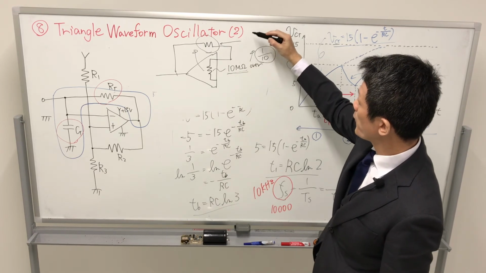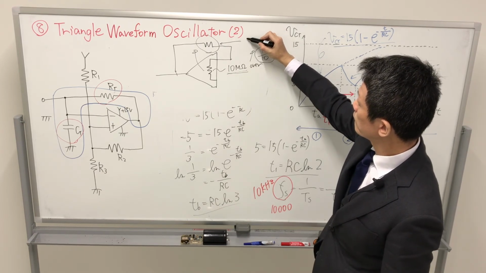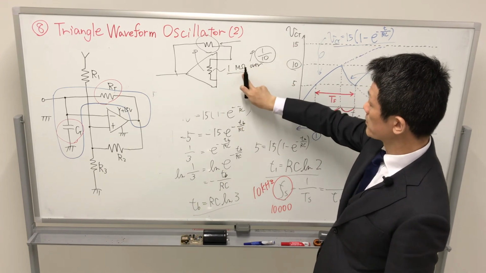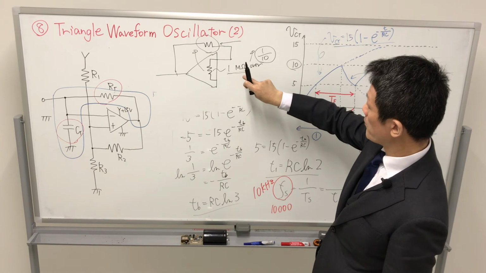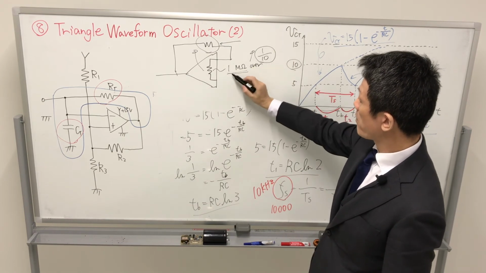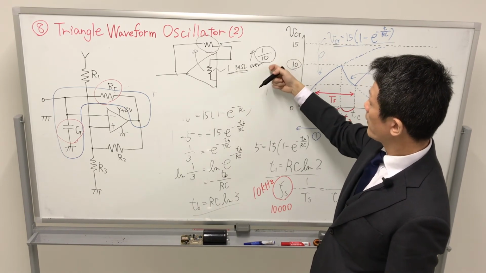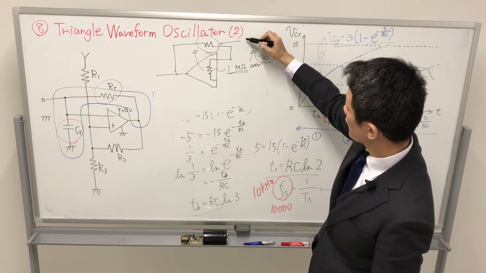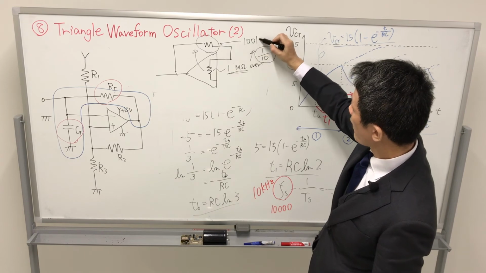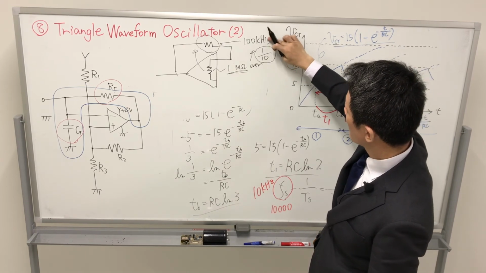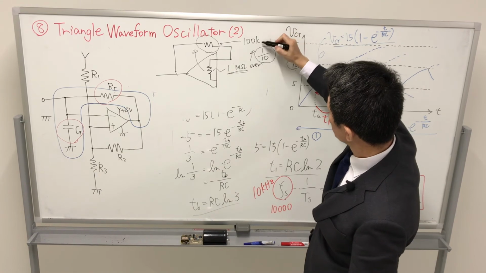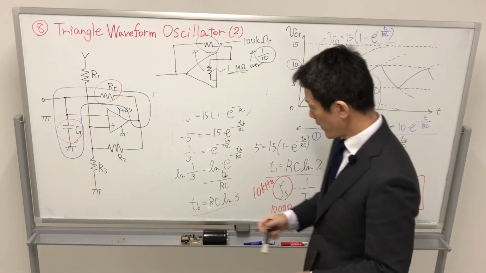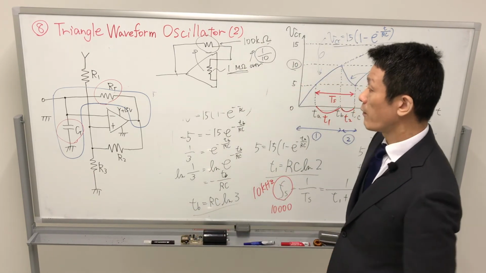So we take 1 megaohm or over as the minimum value here. One tenth of that is 100 kilo ohm. Usually, this is electrical engineering know-how.